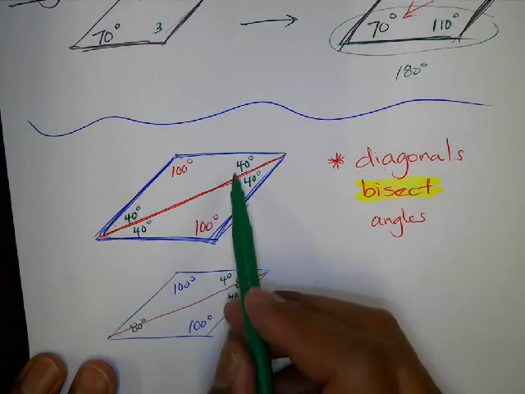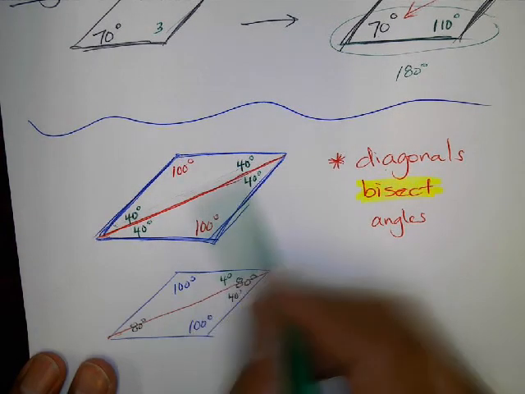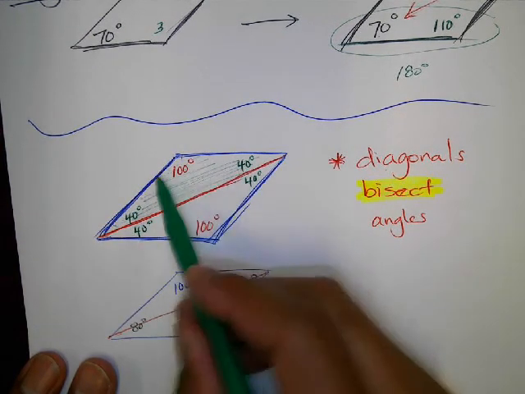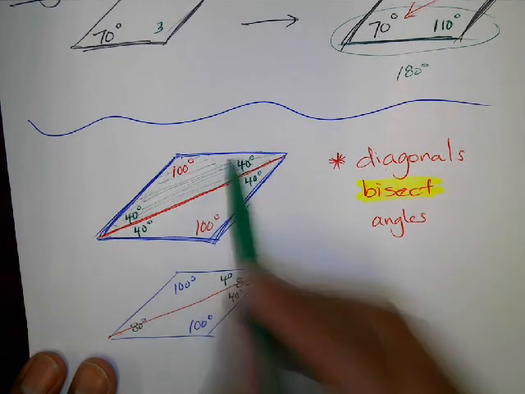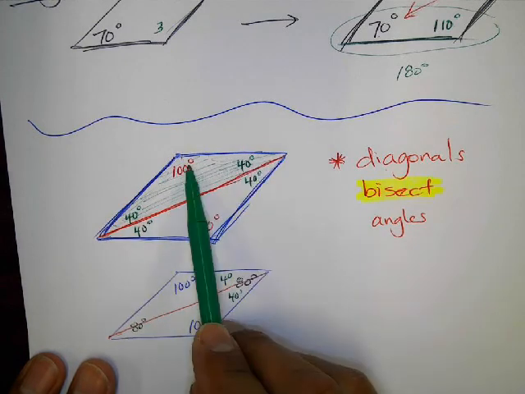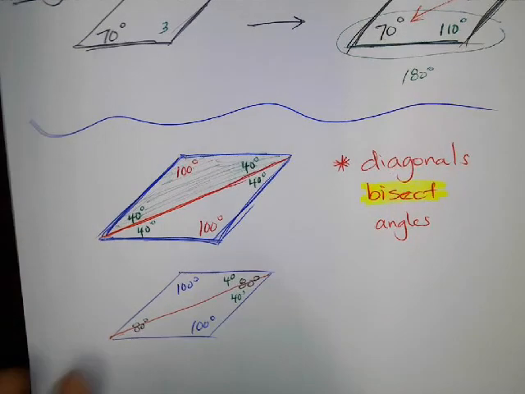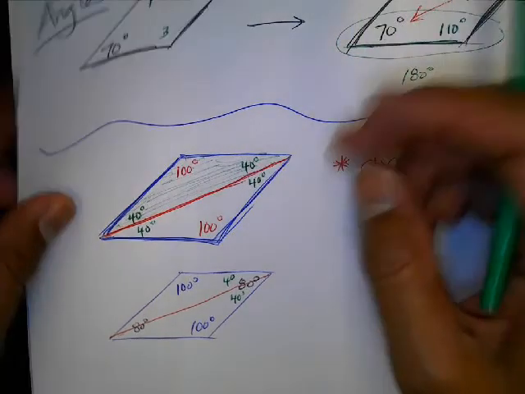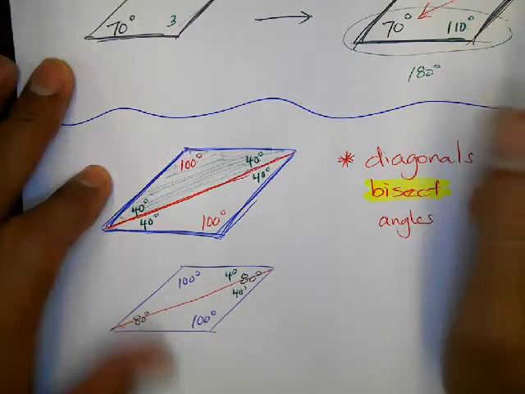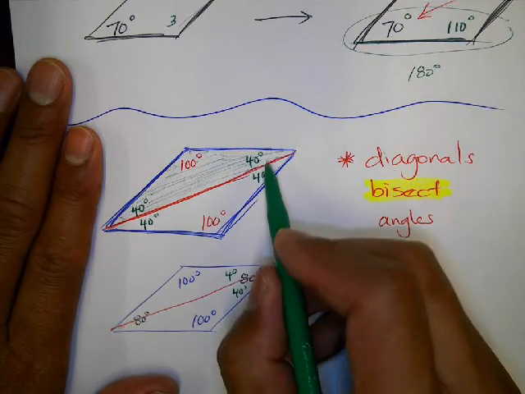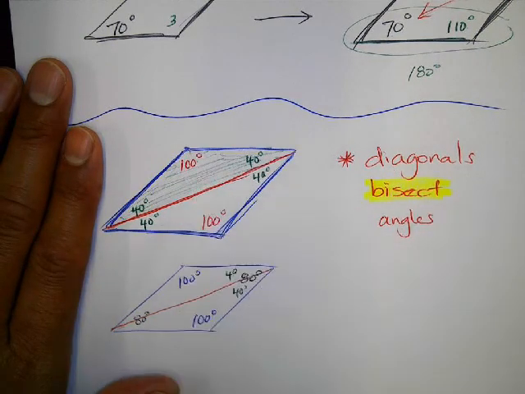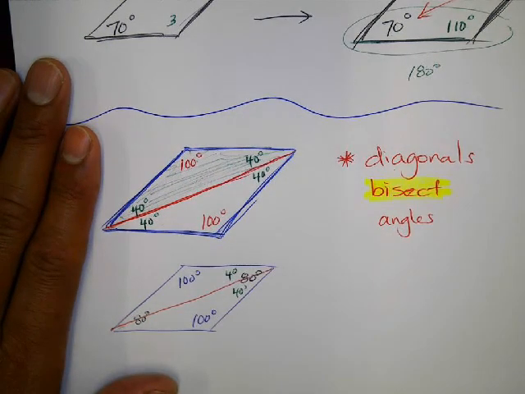And what you're actually going to see is that notice that this top triangle, you see how there's two triangles now? This top triangle has 40, 40, and 100, and so does this one, look, 40, 40, and 100. It's almost like I can fold it over, and they're congruent triangles. You see? They'll match. This triangle will look like this triangle over here. Yeah?